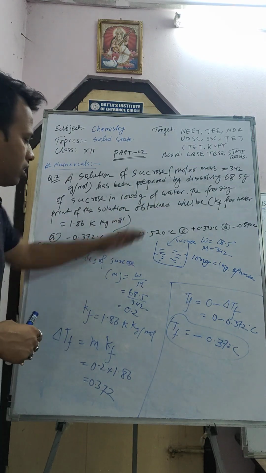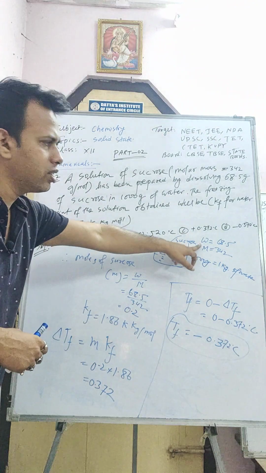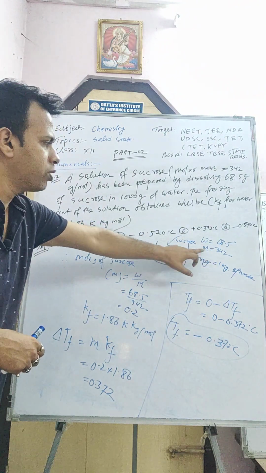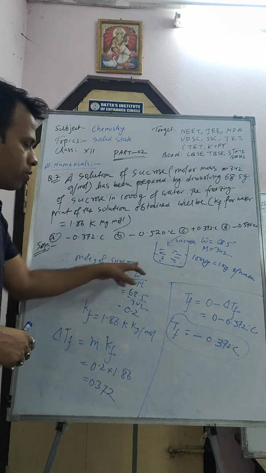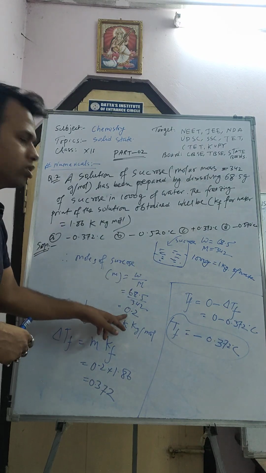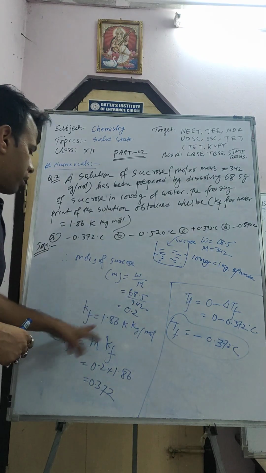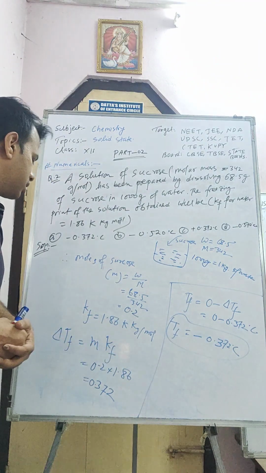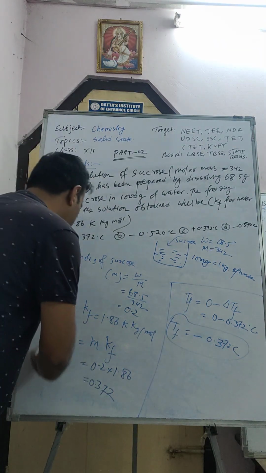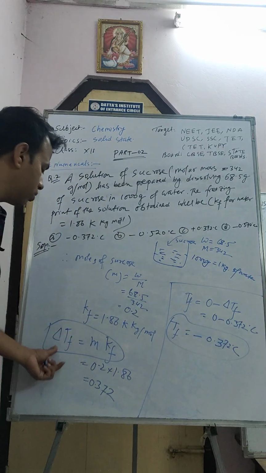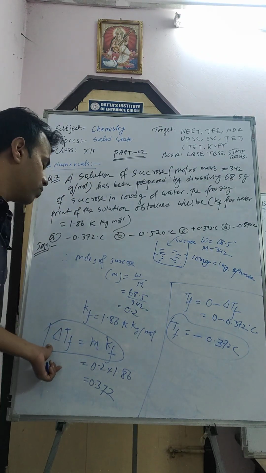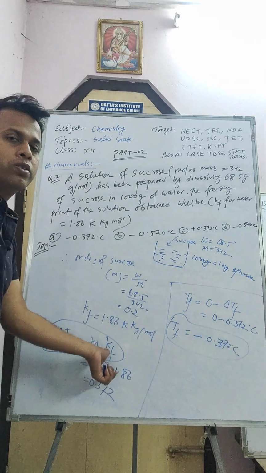So I write what is given here: mass of sucrose, molecular mass, and mass of water are given. Now the moles of sucrose I find using W by M, that is 0.2. Kf is given, 1.86. Now we use the formula del Tf, the change in freezing point, equal to m into the freezing constant.